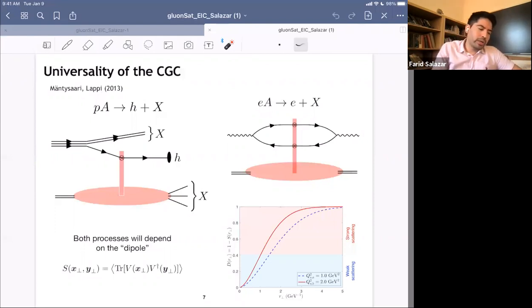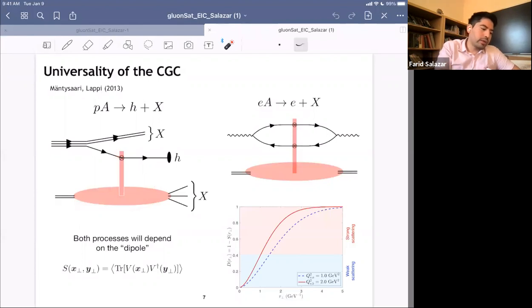The way you can understand that is that, for example, in single inclusive hadron production, in the forward direction, by which I mean the direction of the proton, you can treat the proton as a dilute object and use PDFs, and you will scatter a quark from that dilute object off this dense background field, and the scattering will be encoded by these Wilson lines, which I showed you before.